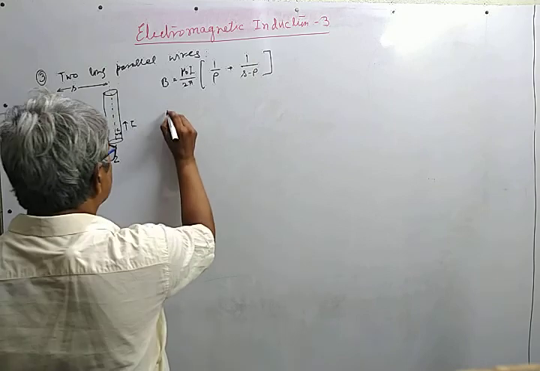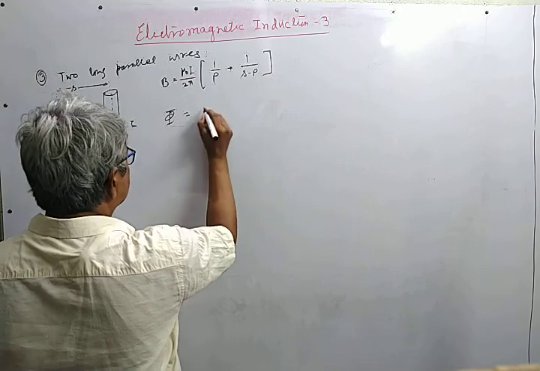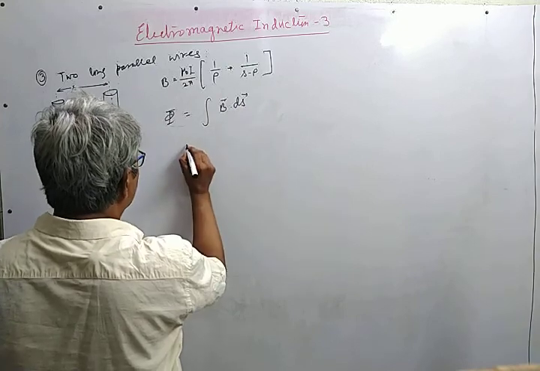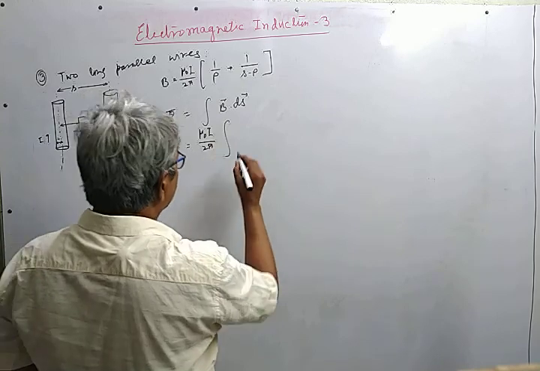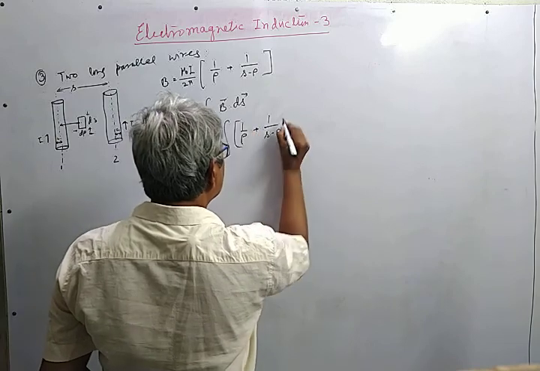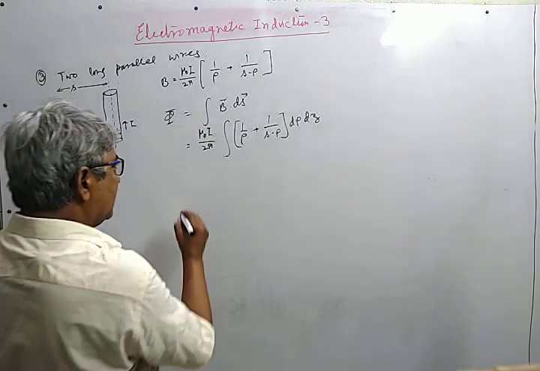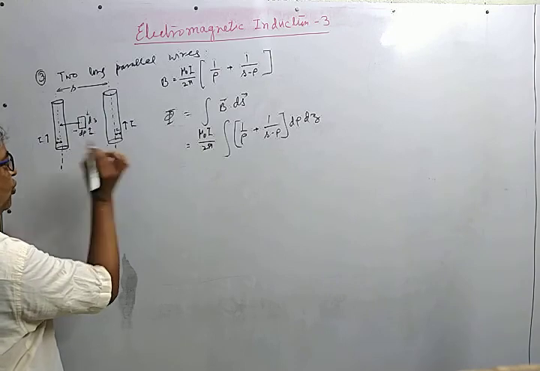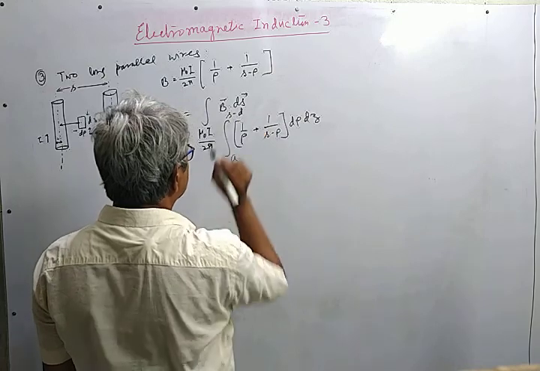The flux linked with it, phi, is equal to the integration of B dot dS, which now becomes mu 0 I upon 2 pi integration of 1 upon rho plus 1 upon S minus rho, d rho dz. The z integration gives L, and the rho integration extends from a to S minus a.